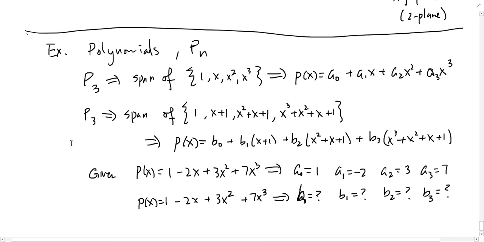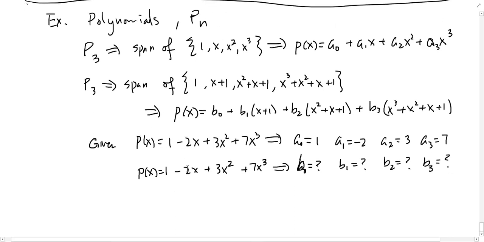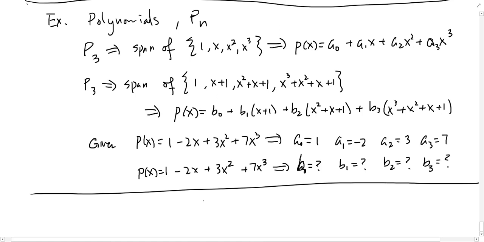One of the reasons why we're defining span is so that we can now form subspaces rather easily by providing a span for it. For example, let's say we look at the continuous function space.